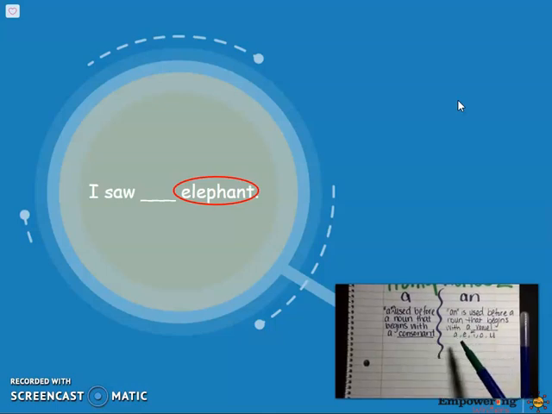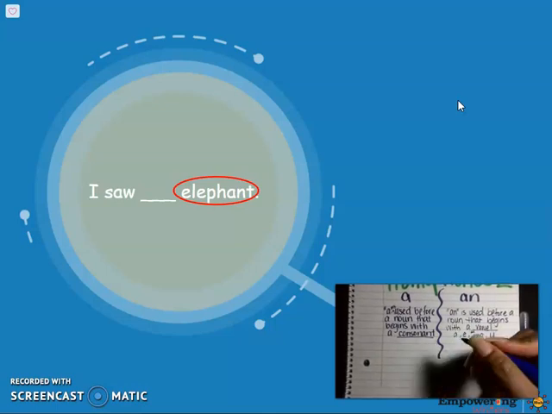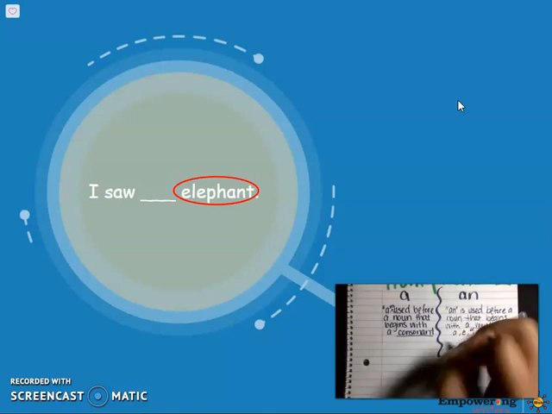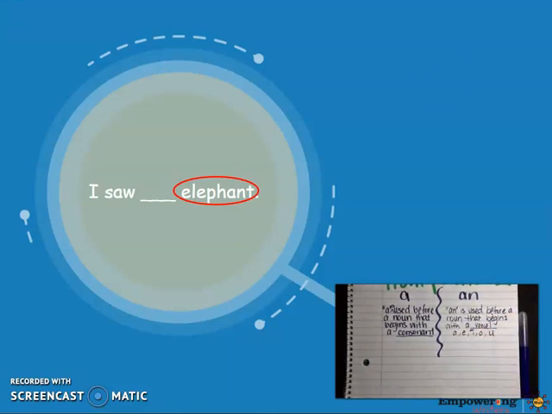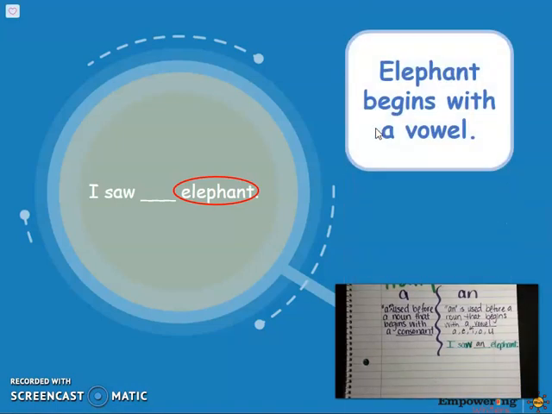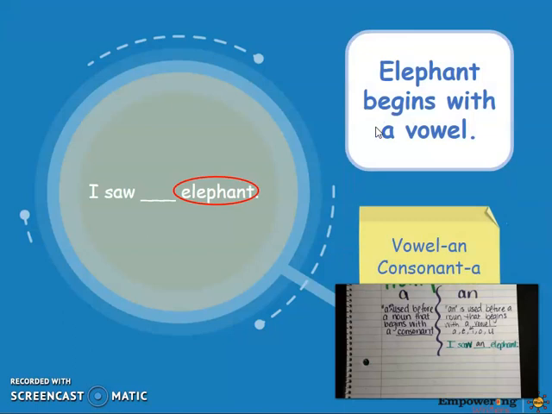The noun begins with an E, which is a vowel, which means that we would use an for that sentence. So here, if the sentence was, I saw an elephant, it would need to use the word an. See? So because this E here is a vowel, we use an.